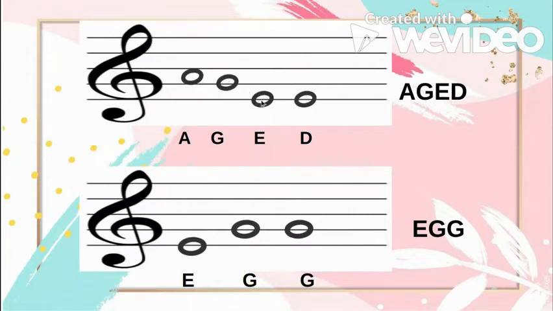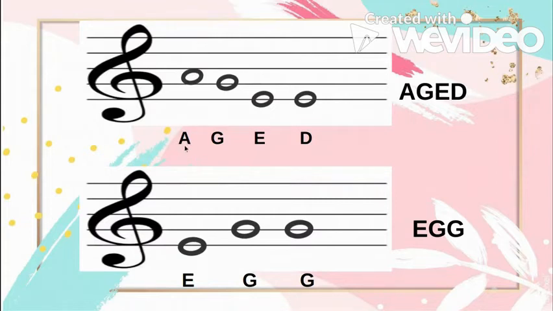Let's try this one. What is this? G clef, right? So what is the letter name found in the second space? Of course, we have la. That is la, right? SOFA syllable. La is A, right?